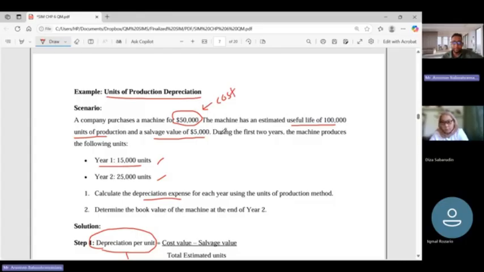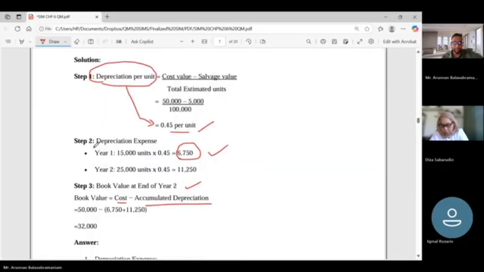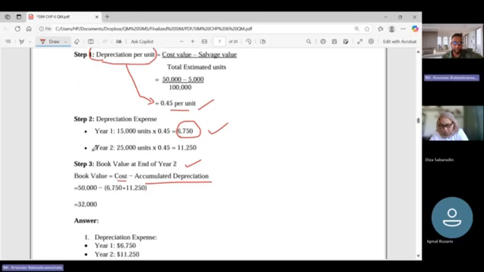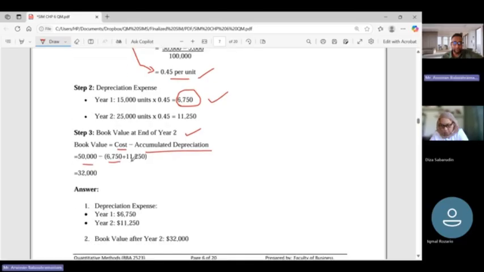So cost is about 50,000, and you take 50,000 minus the 6,750 plus the 11,250, which you get from here.